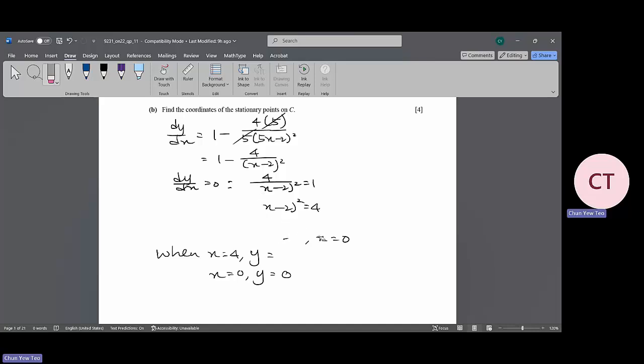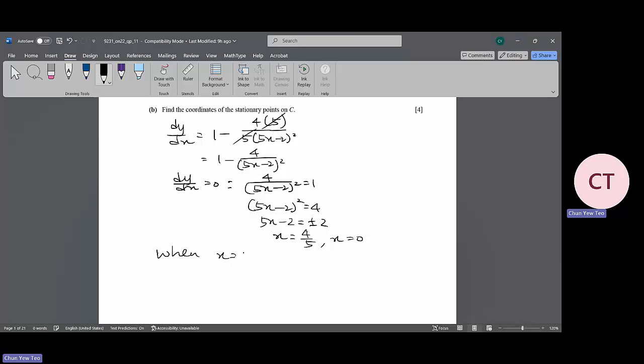This is wrong. This is a 5x minus 2. I made a mistake, my apologies. So this one is a 5. So we will be having 5x minus 2 is equal to plus minus 2. Then your x will be equal to 4 over 5 or x equal to 0.